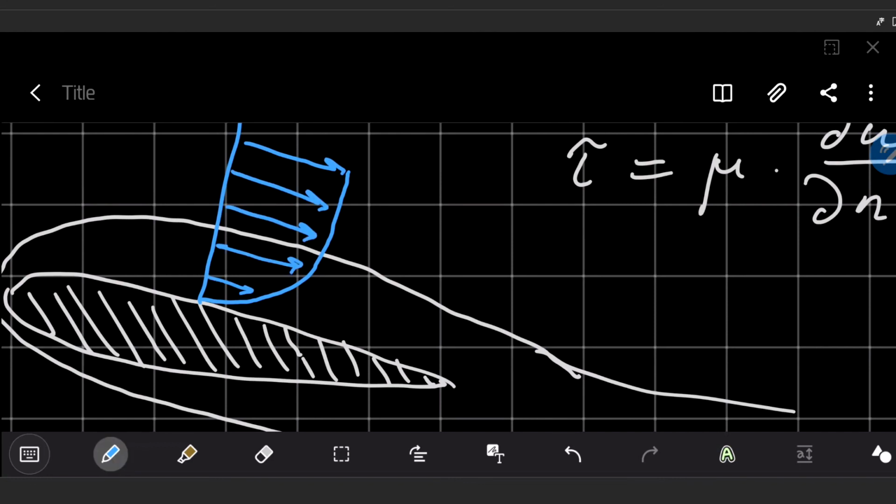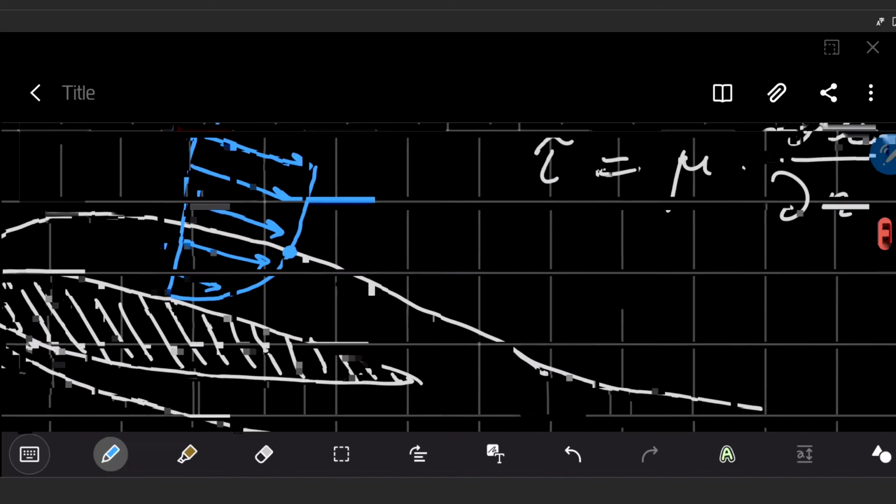Inside the boundary layer, right here, we have the velocity changing. So we have the gradient of the velocity, some positive value, right? And outside of the boundary layer, velocity is not changing anymore with respect to the normal direction.